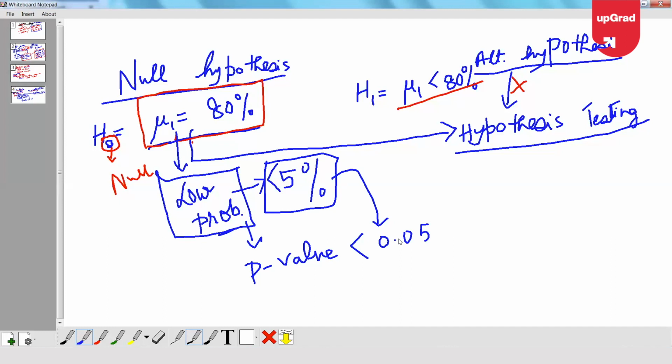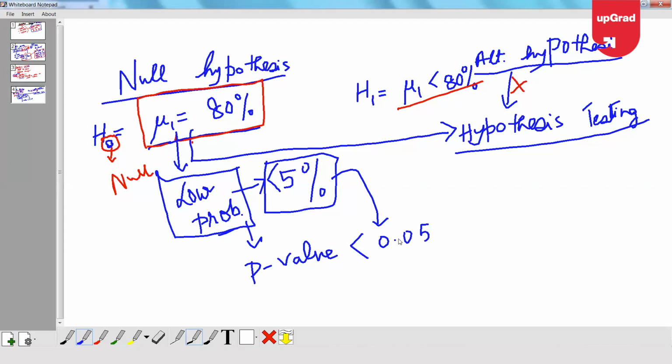So the probability of the kids watching TV, rather I would put it like this, the probability of 80% kids watching TV in reality should be less than 5% if I want to establish my belief.